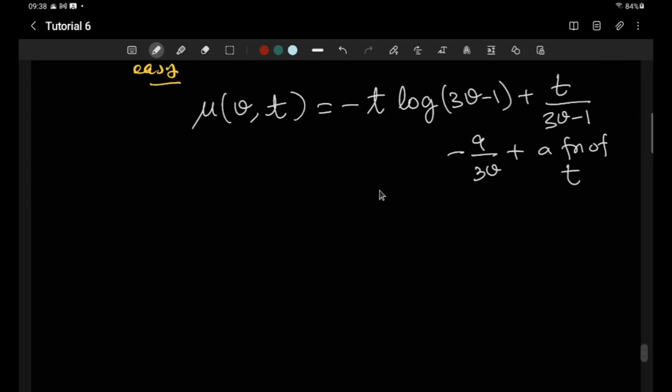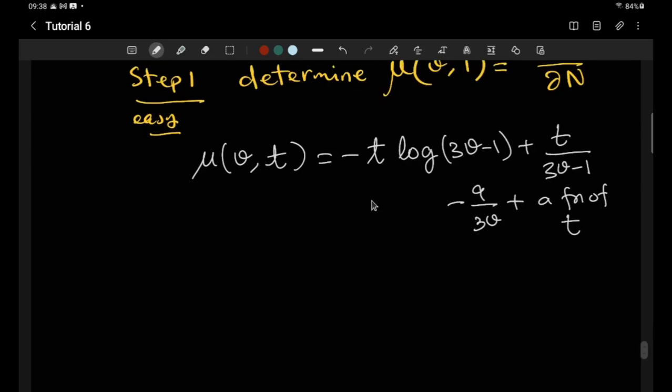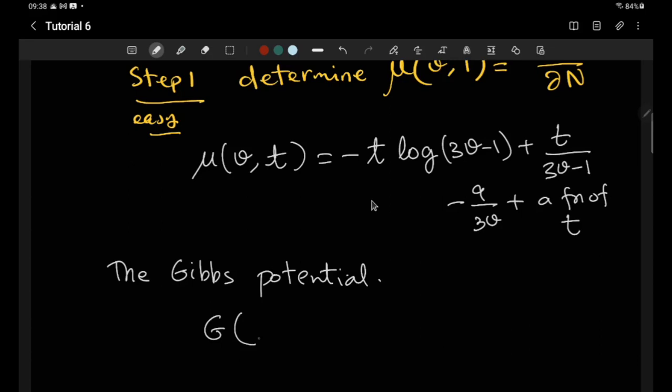So the whole point here is that if you want to identify this, the Gibbs potential, which we discussed last class, G would be N times mu. G is a function of P, T, and N, and because of extensivity, that will be N times mu, which should be a function of P and T.